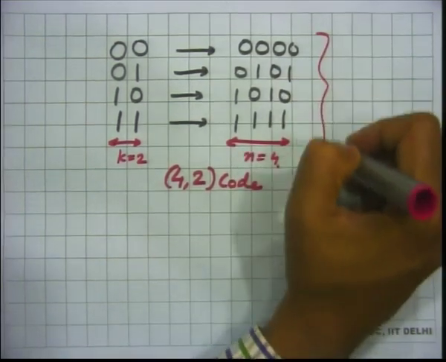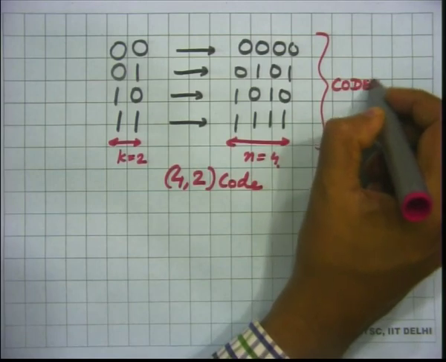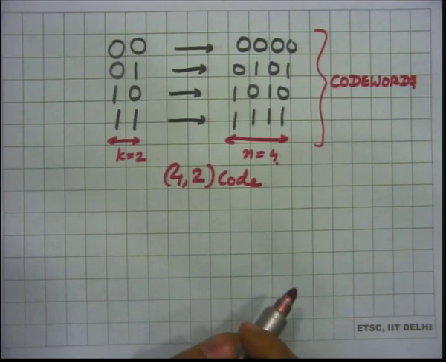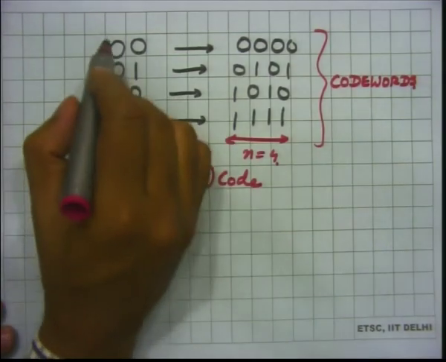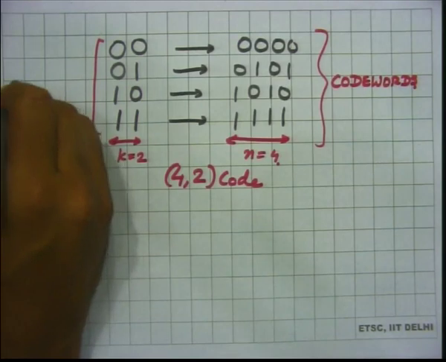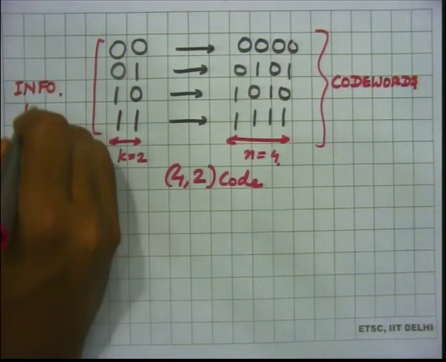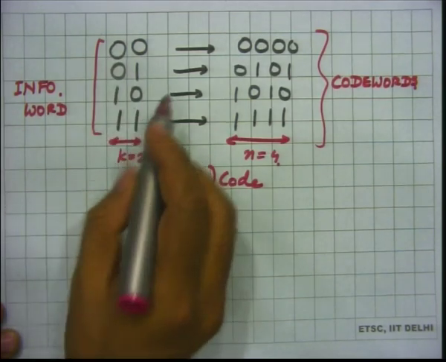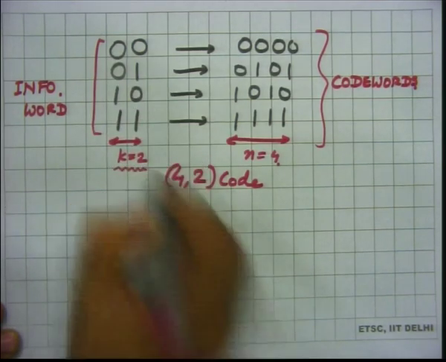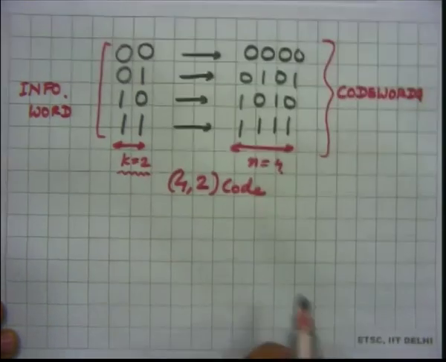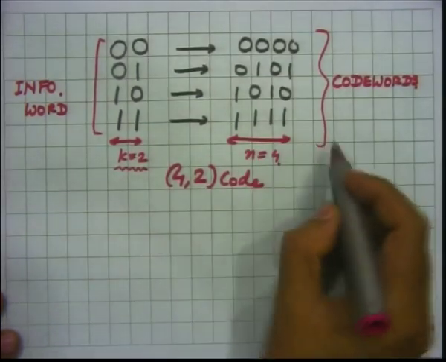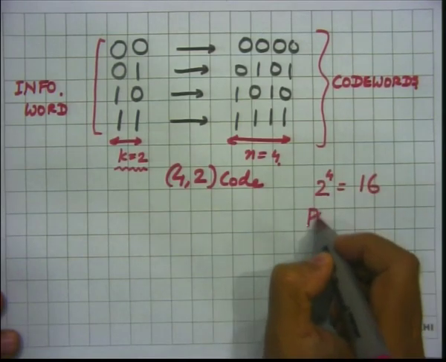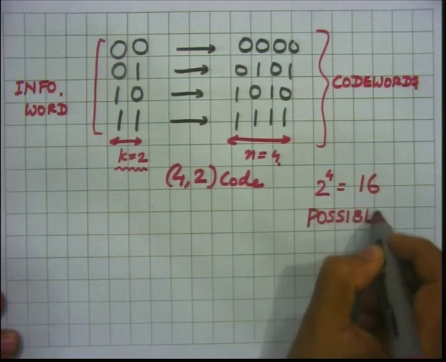These are my code words. But please see that even though only 4 information words are possible, 0 0, 0 1, 1 0 and 1 1, simply because my k is equal to 2, there are 2 raised to power 4, 16 possible words.